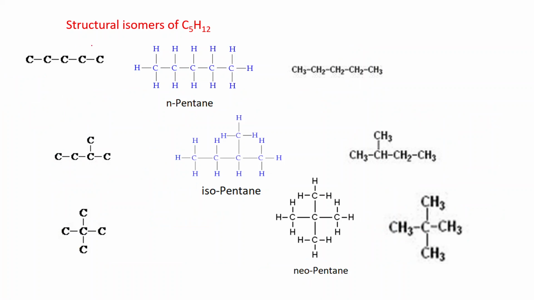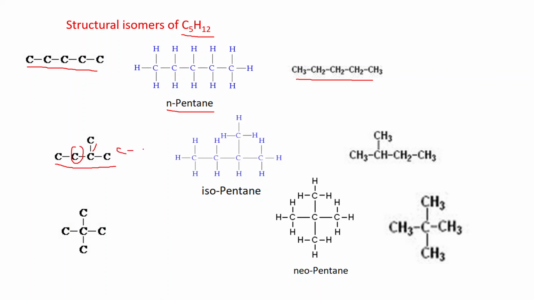Now come to the structural isomers of C5H12. That is 5 carbon atoms in a straight chain. The remaining valencies are satisfied by hydrogen. Then we will get normal pentane. In the condensed form, this will be written like this. Another possibility is 4 carbon atoms in a straight chain, and on this carbon atom there is a branching. Or you can also show branching on this carbon atom like this.